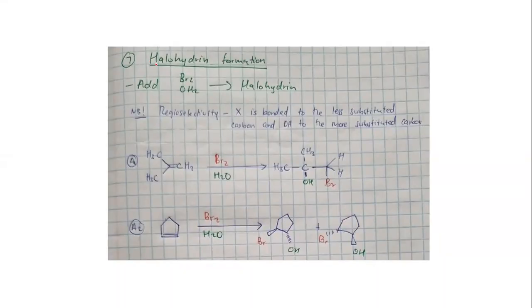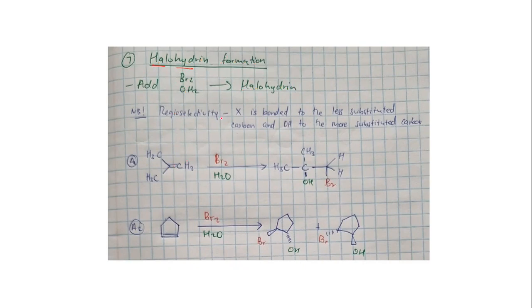Now, let us focus on reaction number 7, which is halohydrin formation. The halohydrin formation reaction is when we add, look, this is a halogen and this is a hydroxide. So in this case, we're going to add water and Br2 to our alkene.